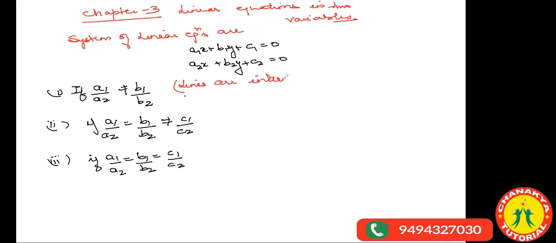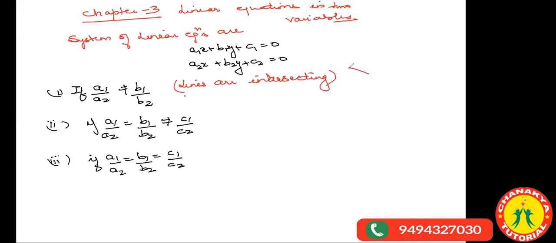Now today we will learn whether the lines are intersecting or parallel or coincident, right? So if a1 upon a2 is not equal to b1 upon b2, then lines are intersecting.